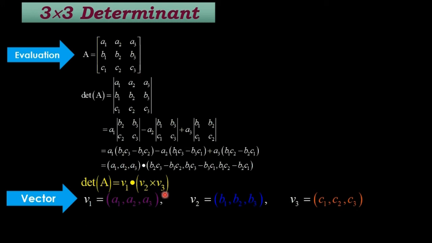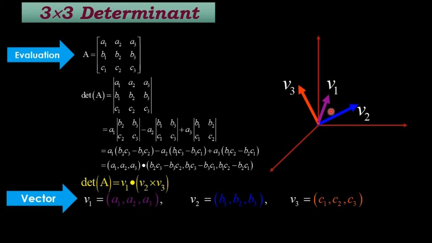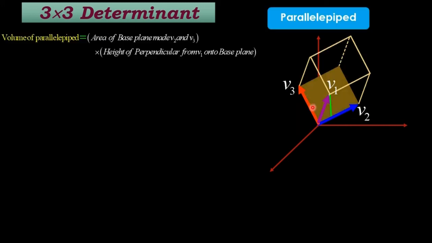Now consider these three vectors and plot them in three-dimensional space. Then we have V1, V2, V3. Now generate the parallelepiped made by the vectors V1, V2, V3.